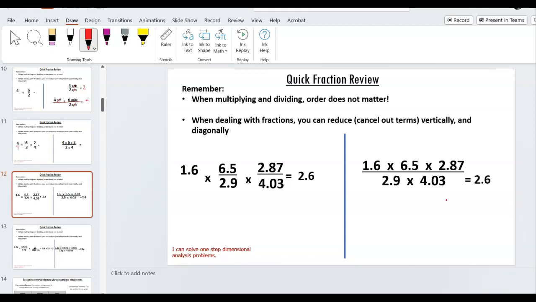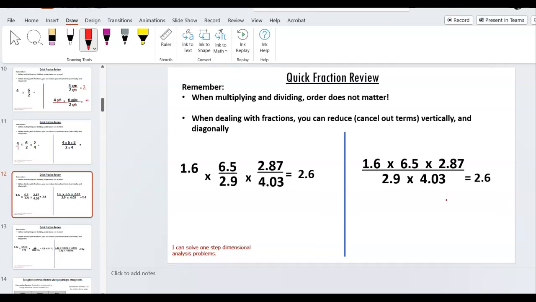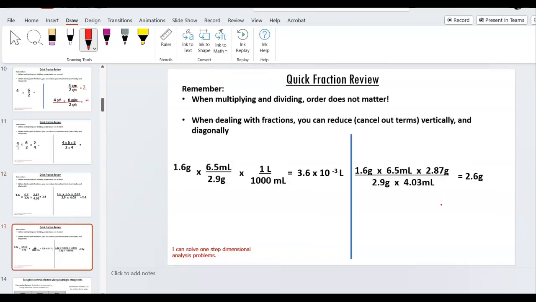It's the same idea. And this one here is the one that we had shared in class, again, showing the same ideas with units this time. So on the left-hand side, again, I could go through by hand and deal with the units because my calculator is not going to do that for me. And I could cancel top and bottom, or I could cancel diagonally.